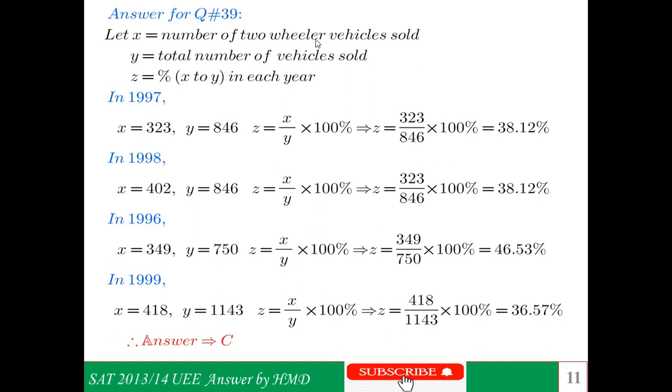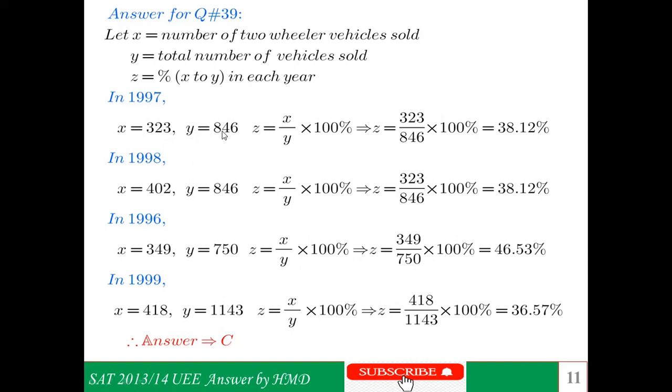This is to mean the percentage of number of two-wheeler vehicles sold to total number of vehicles sold in each year, right? So in 1997, again, each data comes from the table which is given. So please try to refer to the table. In 1997, X is 323, which means the number of two-wheeler vehicles sold is 323, and Y is 846.